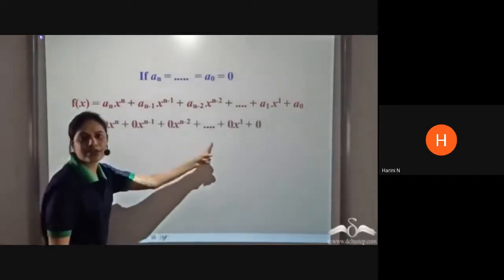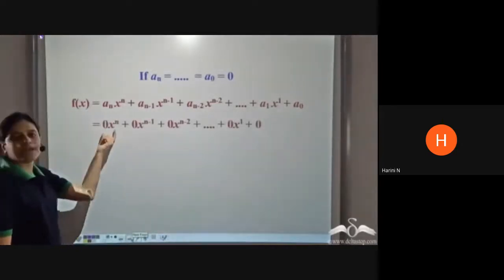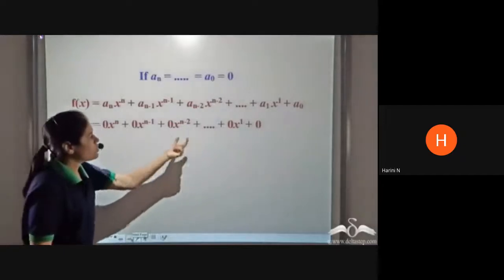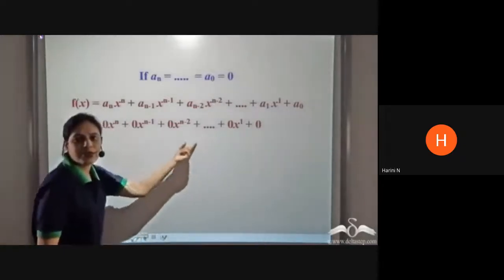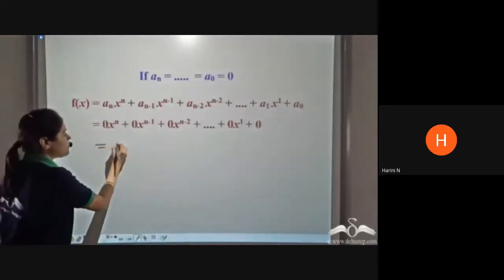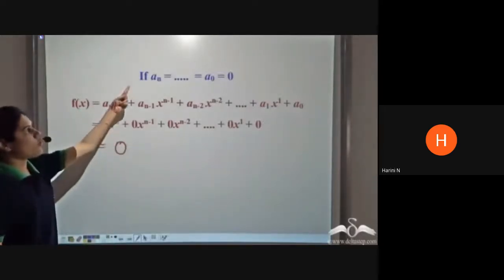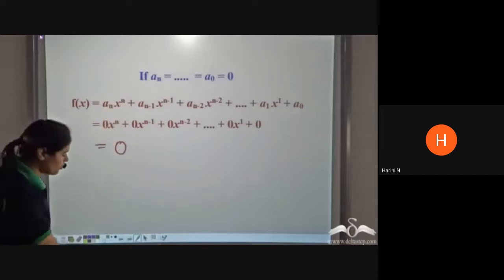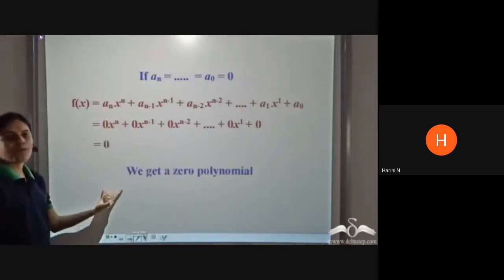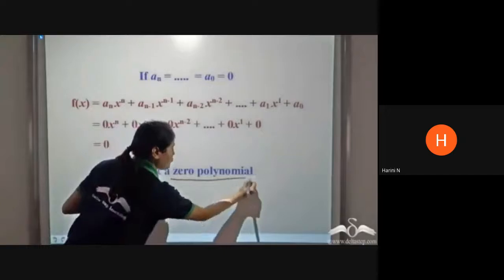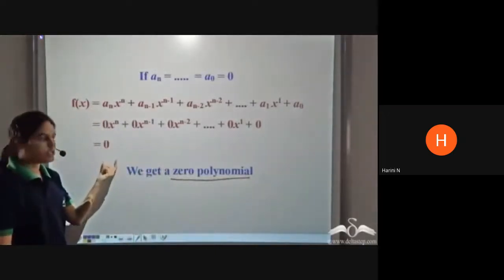Now 0 times anything is 0, so all the terms will become 0. So if all the coefficients are 0, we get a 0 polynomial. So this is a 0 polynomial.